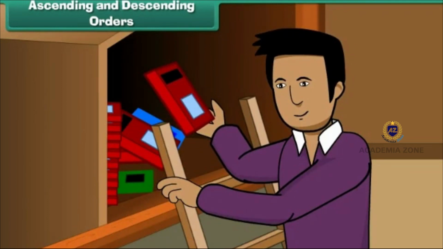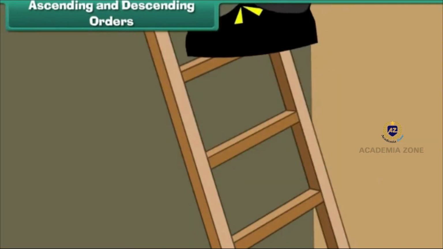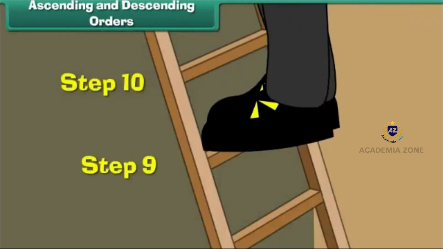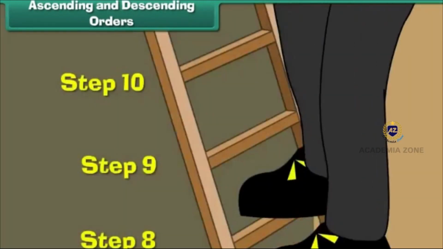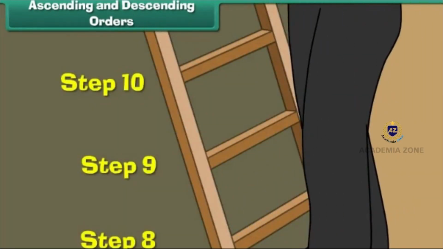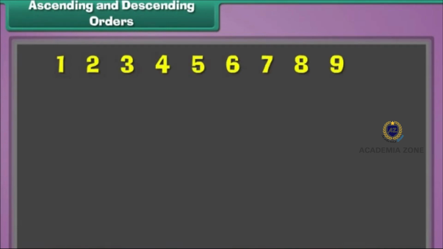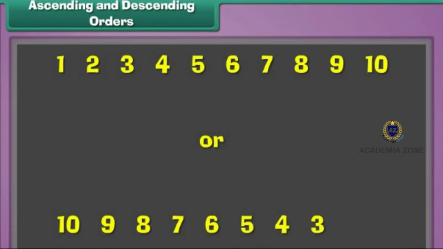He climbed down the ladder from step 10 to step 9 to step 8 till step 1. Numbers can also be arranged in a similar way. 1, 2, 3, 4, 5, 6, 7, 8, 9, 10 or 10, 9, 8, 7, 6, 5, 4, 3, 2, 1.